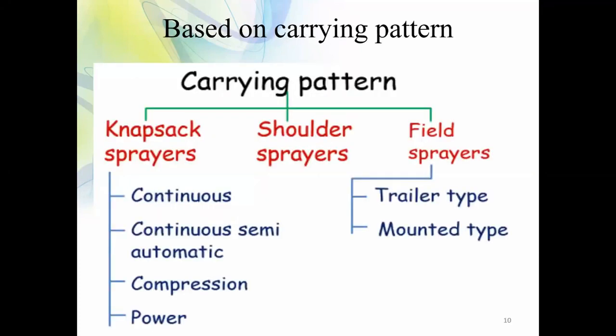And based on the carrying patterns, the sprayers can be broadly classified into knapsack sprayers, shoulder sprayers, and field sprayers. In knapsack sprayers, there are four more categories: continuous spraying, continuous semi-automatic spraying, compression spraying, and power spraying.